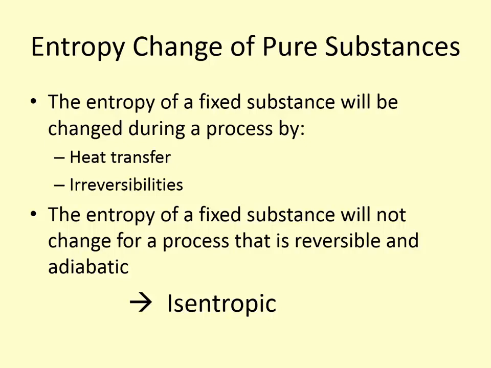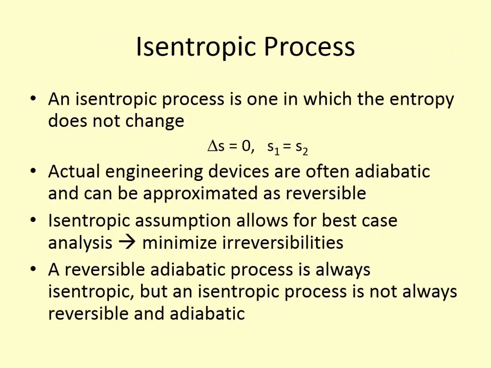In most cases we're idealizing an actual process as isentropic. It's very difficult in practice to achieve a process that is actually isentropic, though not entirely impossible. We can approximate and get really, really close. So an isentropic process is one where the net entropy change is 0, and in many cases we have adiabatic engineering processes.